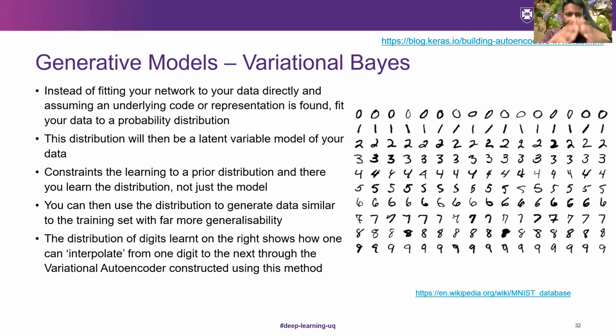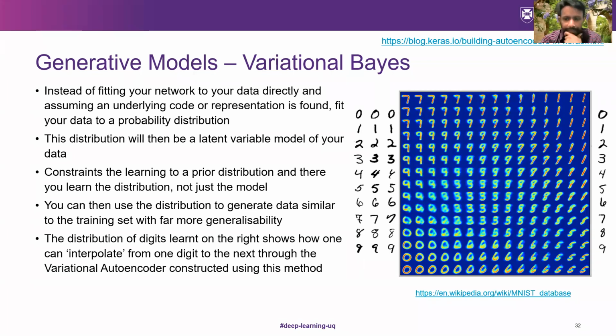So you might think of it as if you fold the paper out like this, it forms a surface, and you distribute your image across this. And any image on that surface, you can sort of interpolate between them. If you apply this to the MNIST data set, you can have a look at this, you can just Google Keras building autoencoders. You can create these manifolds. And here's a manifold, it's a square one.